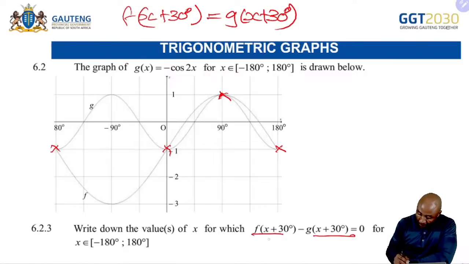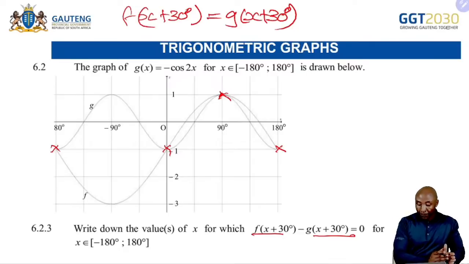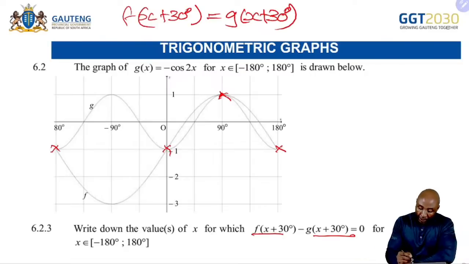But now, remember, you are shifting this 30 degrees to the left. So it means both graphs are shifting 30 degrees to the left. So 90 minus 30 will give us how many degrees?